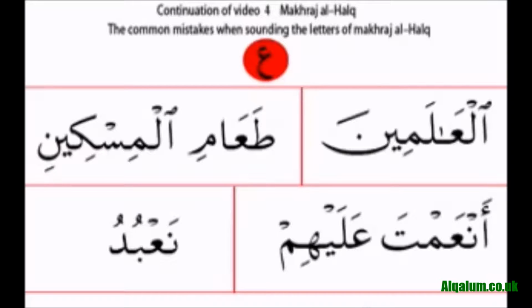And the one between the hard side and the weak side is called at-tawassut, the medium, the average, in between, and that's why it's called al-bayniyya. Al-bayniyya comes from the word bayna, which is a adverb meaning in between. So it is in between the strongest letters and the weak letters of the Arabic language.